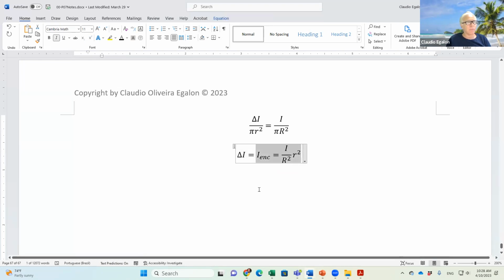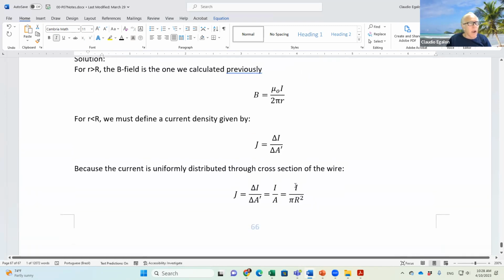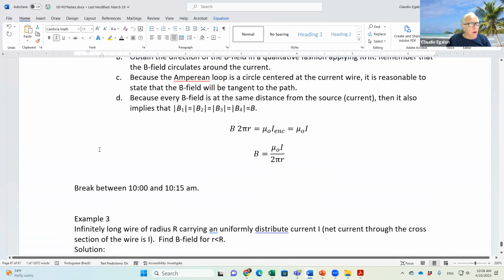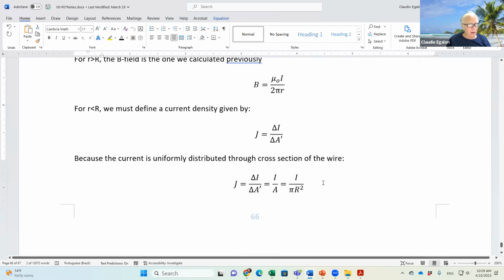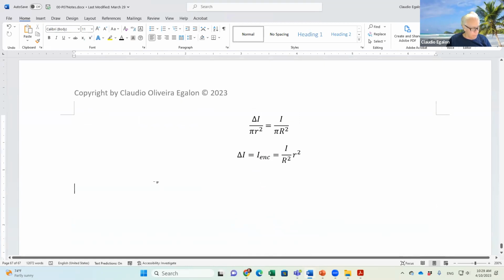We know r, we know big R. This lowercase r is just the distance from the center of the wire. And we go back to the equation that we saw before, this one right here. B times 2 pi r, which is just a single pass, equals mu naught times my I enclosed, which is going to be this value here.